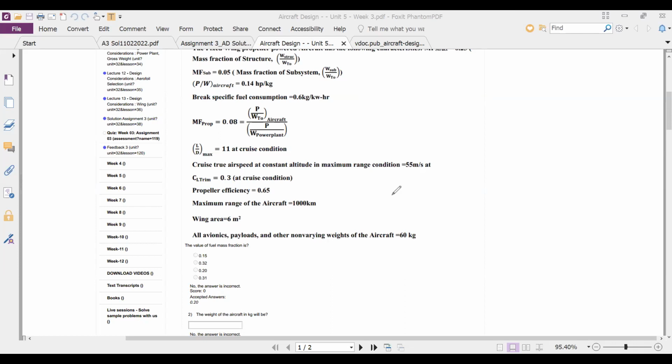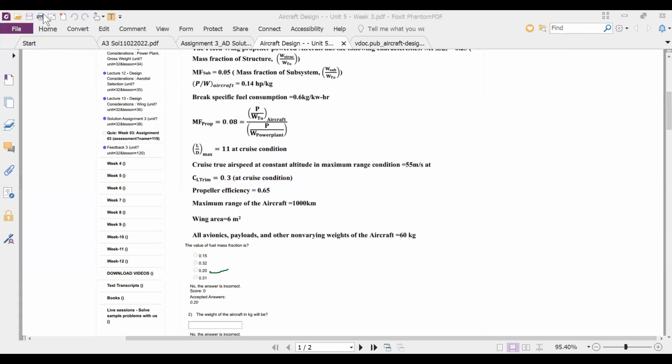Sir, what was the answer for the fuel mass fraction? 0.2. Okay. So can we type the answer?